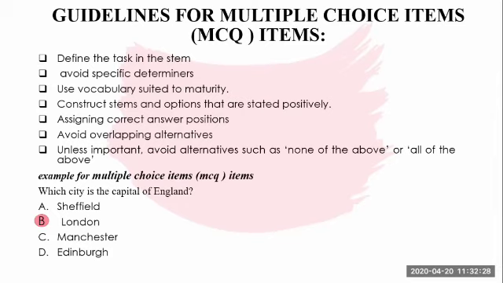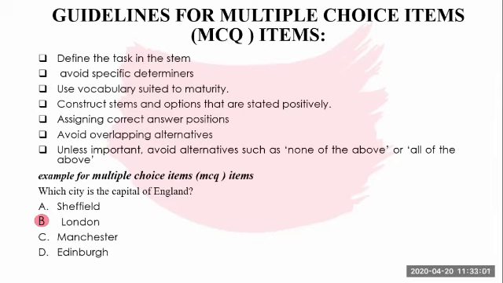Third, multiple choice items also use vocabulary suited to maturity. This constructs stems and options that are stated positively. If the word not is used in the stem, it should be underlined to make sure it is not overlooked.